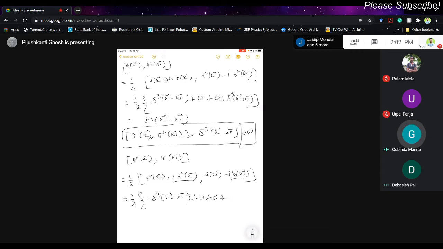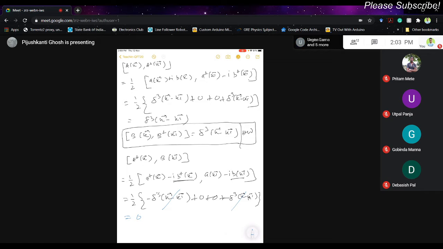Yes, minus i into minus i, that is a minus sign. The commutator of b_k prime with b dagger_k is delta cube k minus k prime, but here you have the order b dagger_k b_k prime, so you get a minus sign here, so this is plus sign. Now as you can see, this cancels out, equal to 0.